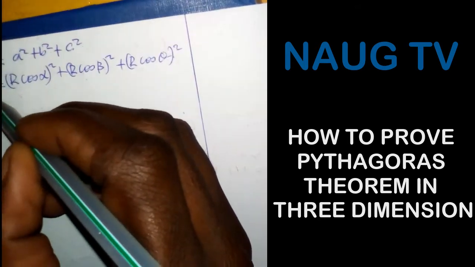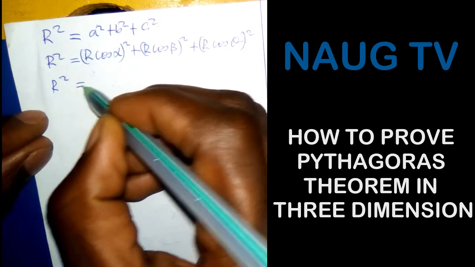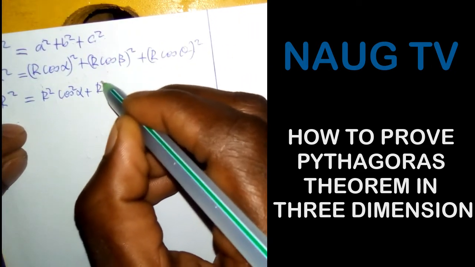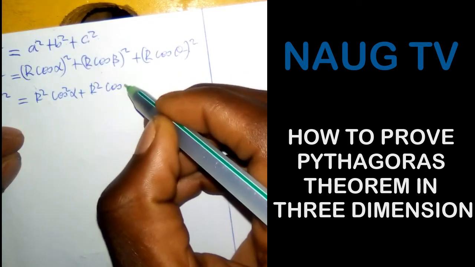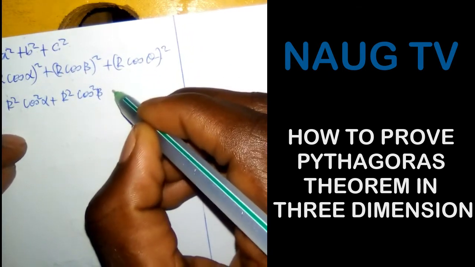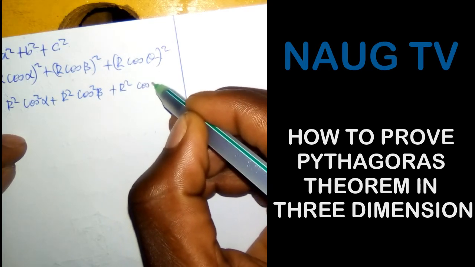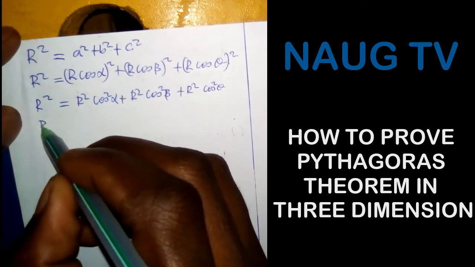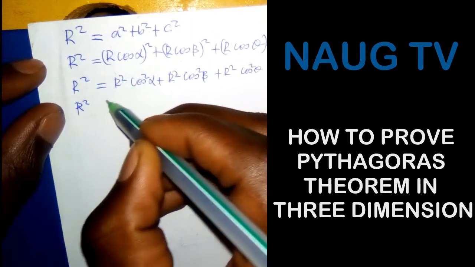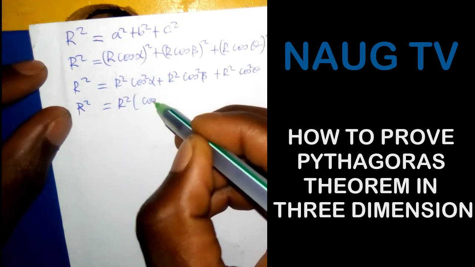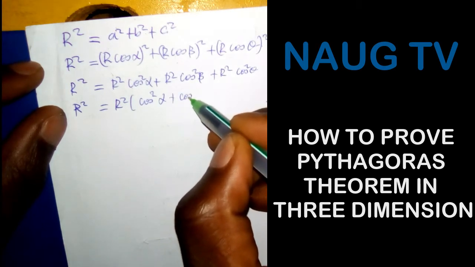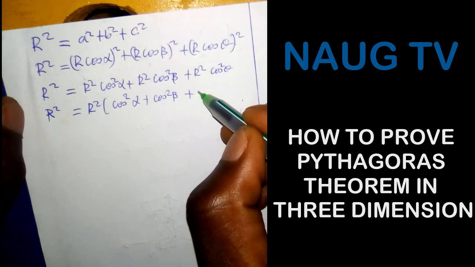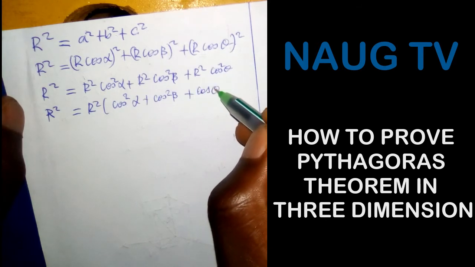So we have R squared equal to R squared cosine squared alpha plus R squared cosine squared beta plus R squared cosine squared theta.